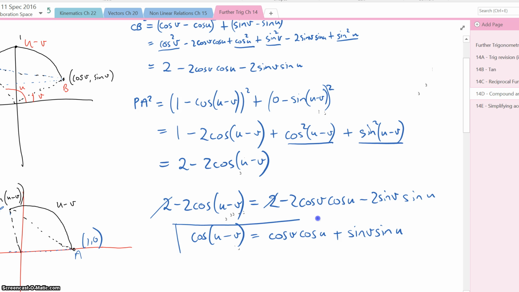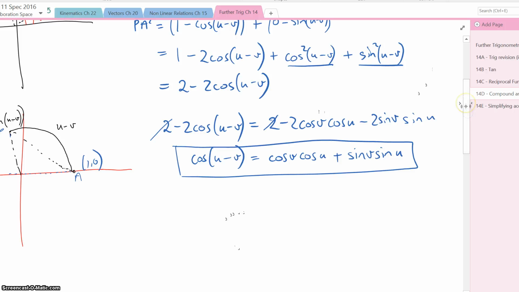And that, ladies and gentlemen, is one of the rules that we need to know. So if you didn't understand all of the stuff that I did before, you just need to know this formula here. But how much fun was it knowing all that stuff? It's great. Now, a way that you can use this is to make u and v particular values. So, for example, we could say cos of 15 degrees.